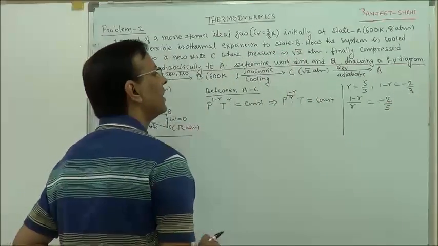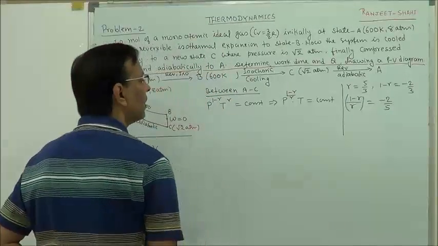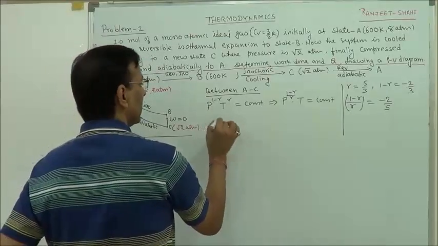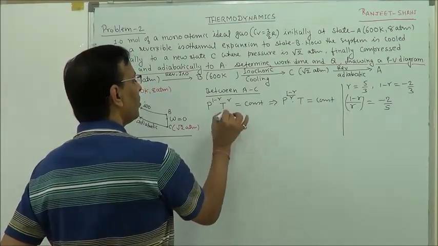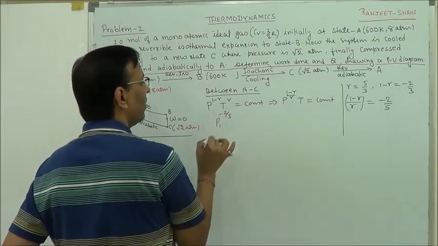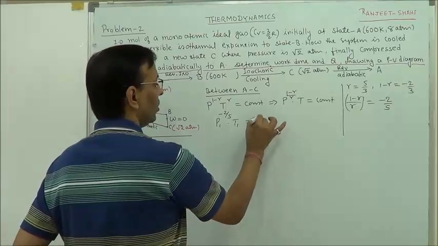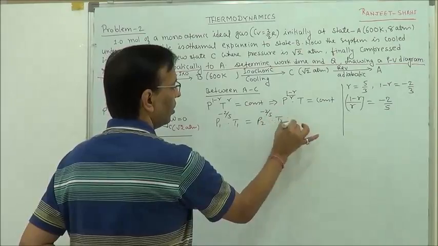Now use that value of (1 minus gamma) upon gamma in this. Now we can write P1 raised to the power minus 2 upon 5 into T1 is equal to P2 raised to the power minus 2 upon 5 into T2.